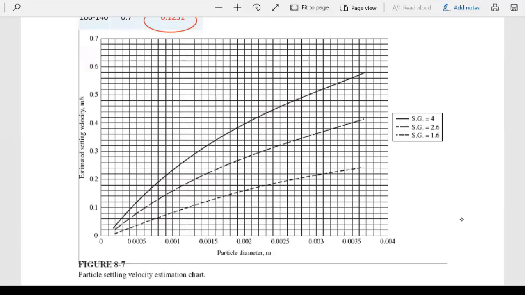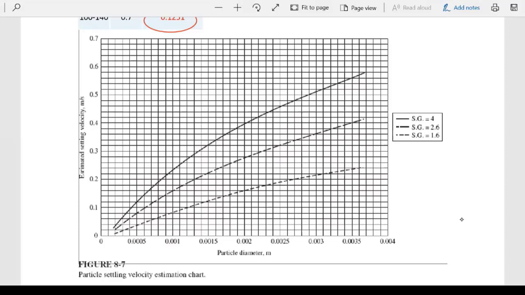For the particles of sand, we have a specific gravity of 2.65. This 2.6 is close enough, so we will use that.